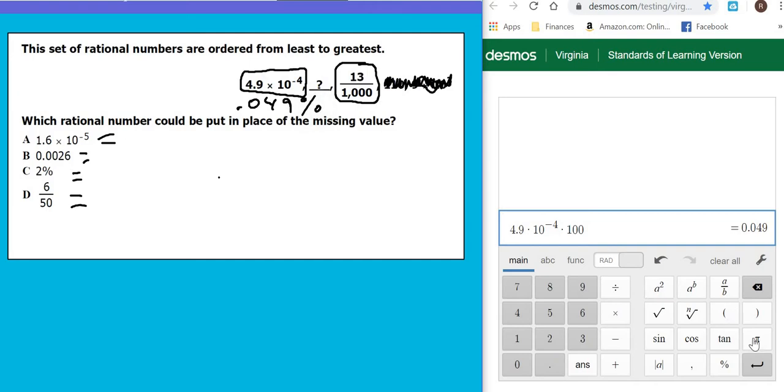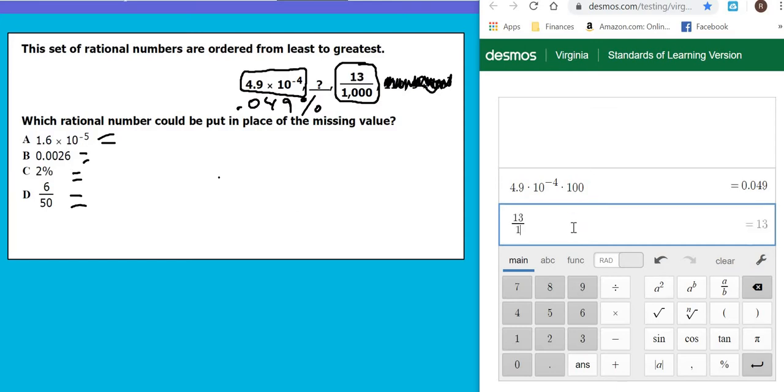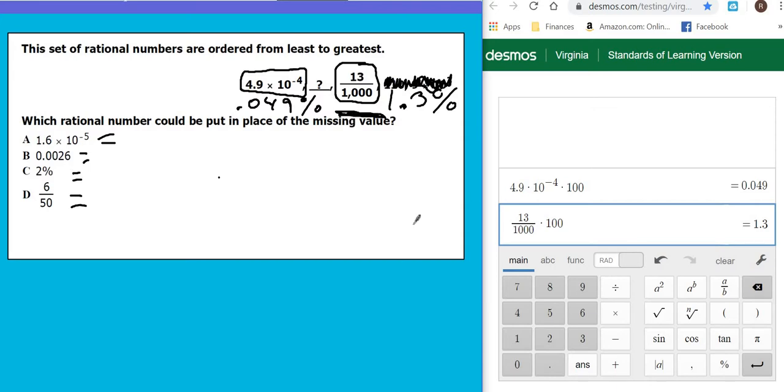Now I'm going to turn the next number into a percent, so I know what I'm looking for. 13 divided by 1,000, again, is a decimal. We've got to multiply it by 100 to get a percent. That gives us 1.3%. So we're looking for something that fits in between 0.049% and 1.3%.